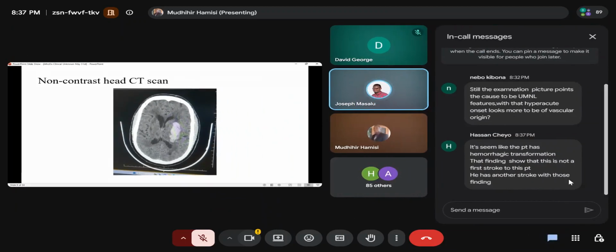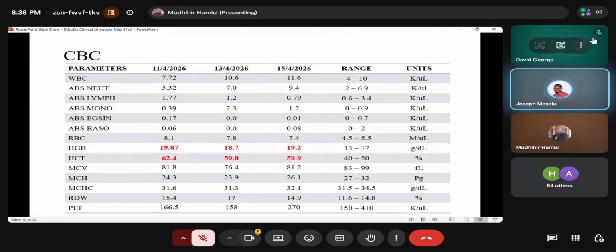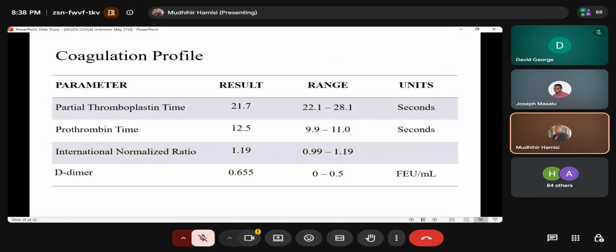Yeah, Mudhihir, I think you should proceed. Okay. Let's see the CBC now. Can you comment on the ones which I've highlighted in red? Can we have all the labs and then I comment all together? Oh, so to save time. Okay. So this one you have already seen. Here is the coagulation profile.